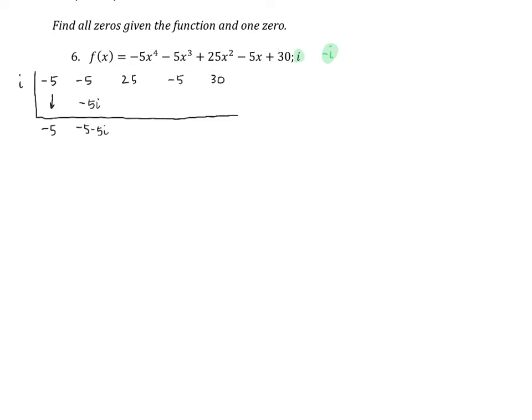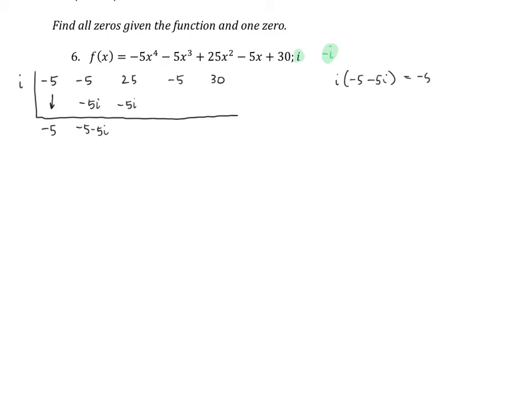Okay, now I have to multiply. That means I'm distributing. So that's going to be i times negative 5 is negative 5i. And then i times negative 5i is negative 5i squared. Remember, so let's do some scratch work over here. I have i times negative 5 minus 5i.